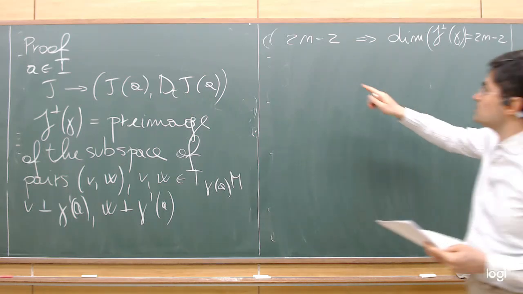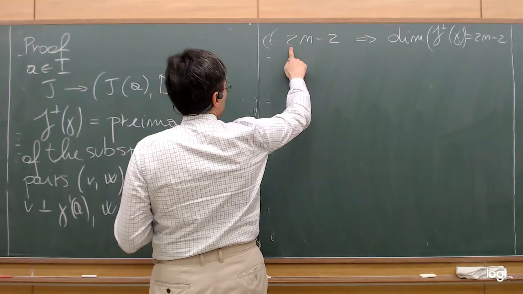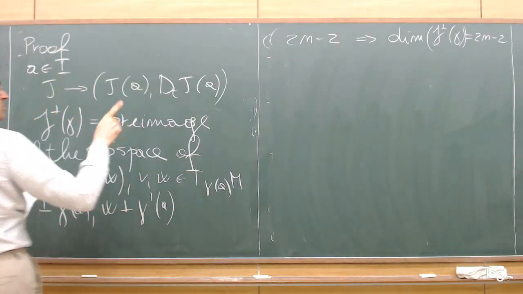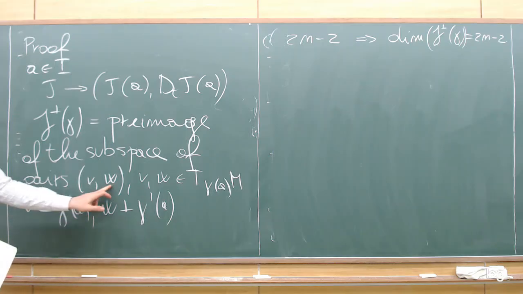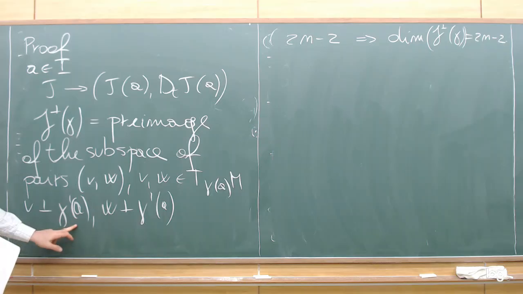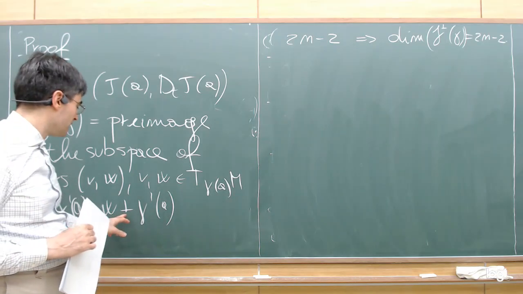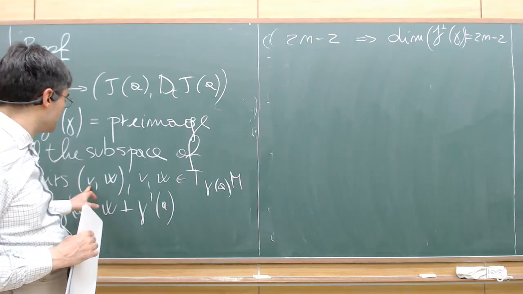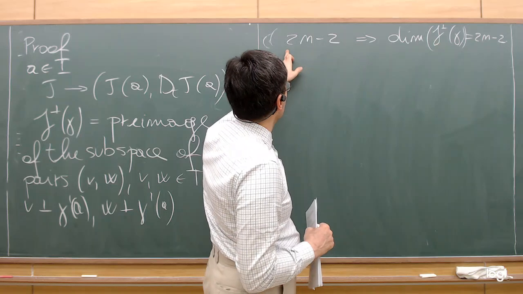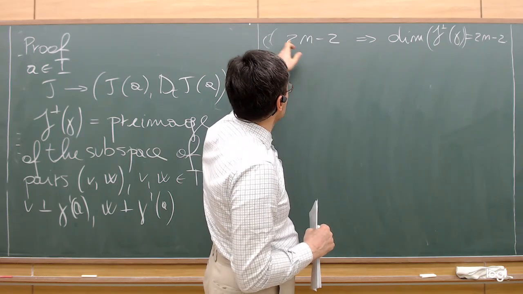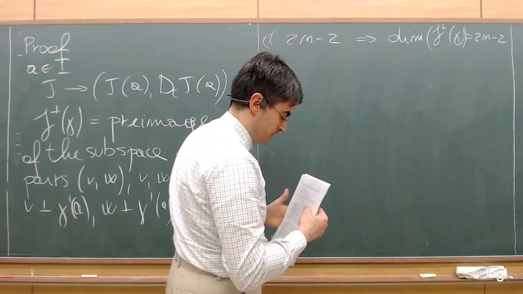The reason why the dimension of this subspace is 2n minus 2 is that we work with two vectors which are orthogonal to gamma prime A. This means that we have two relations, and consequently the number of degrees of freedom decreases by 2.